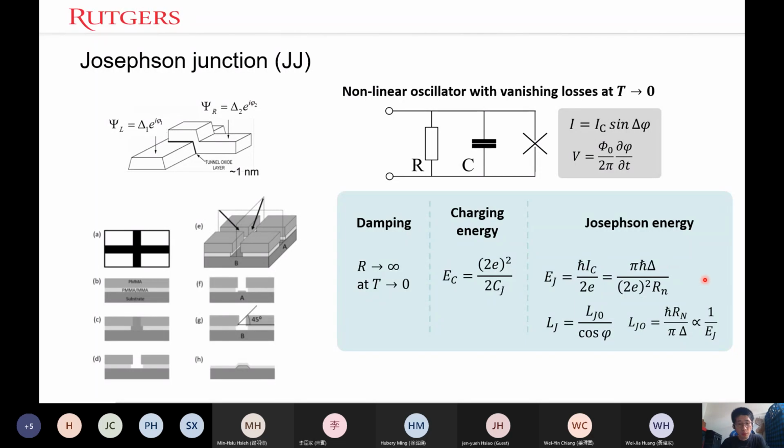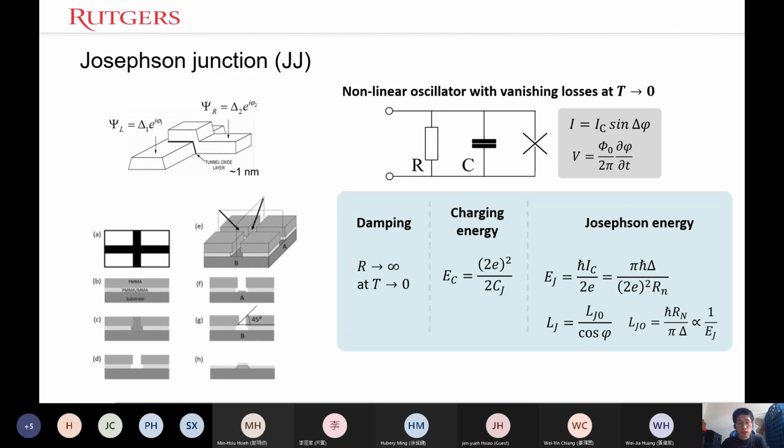And the AC response due to the Josephson effect is similar to an inductor. We describe it by the so-called Josephson inductance, which is inversely proportional to EJ, so basically proportional to Rn. So if we have a more resistive junction, we have a larger kinetic inductance, or Josephson inductance.